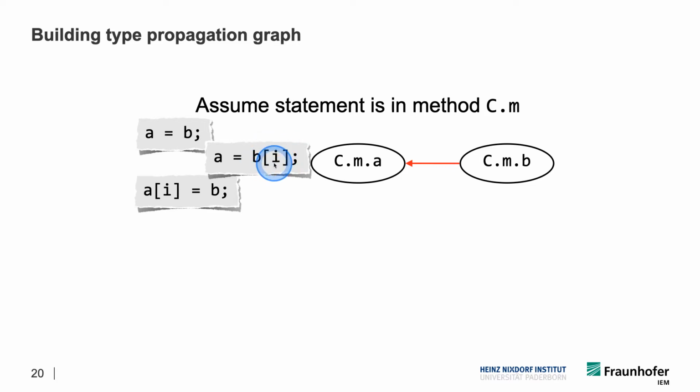As you notice, here we are not actually copying the entire array to A, but only a single element. But that is being abstracted by that particular edge, right? So here, this is basically being conflated. That's a deliberate choice to make the analysis less precise than possible at this point. Similarly here, if you assign to an array, you will also see such an edge. So it's just a design choice.